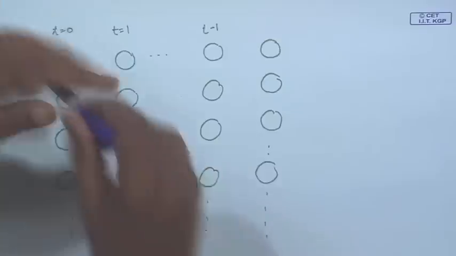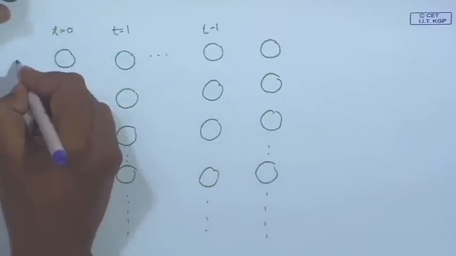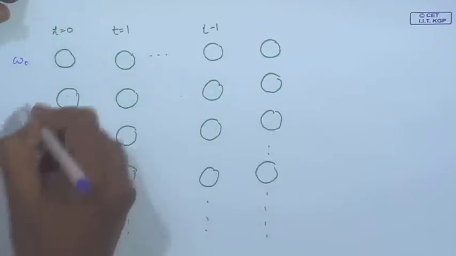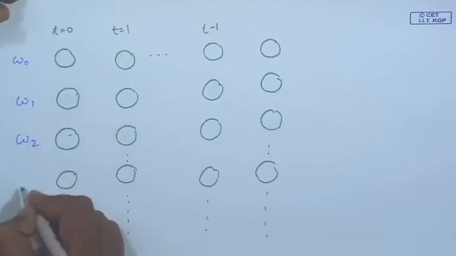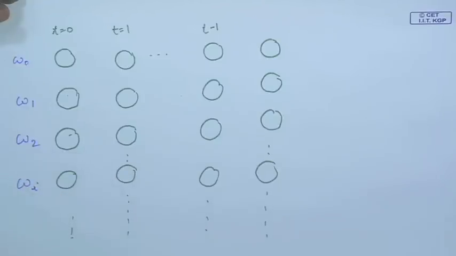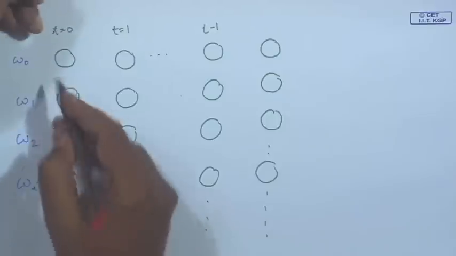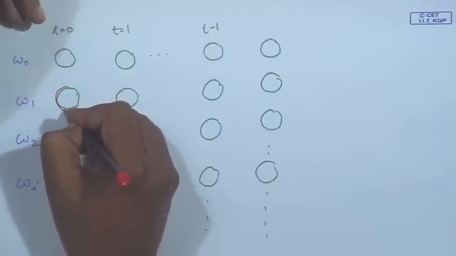So, the first row indicates omega 0, the second row is omega 1, omega 2, say omega I, and somewhere I will have omega j and all this. You find that if somehow I know at t equal to 0 what the hidden state is in which the machine is, let me assume that at t equal to 0 the machine is in hidden state, say omega 1.